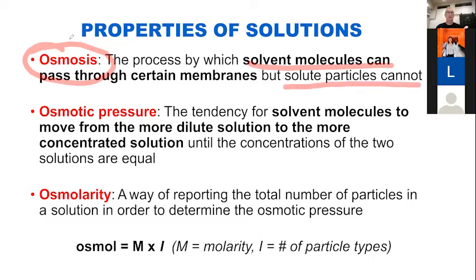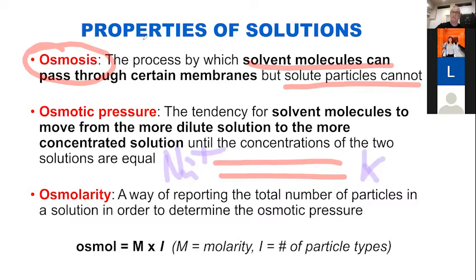A classic example of a membrane is a cell membrane of cells in our own body. The cell membrane in your body, represented with these two lines here, basically will allow water to pass through relatively easily. But ions like sodium and potassium are kept out.